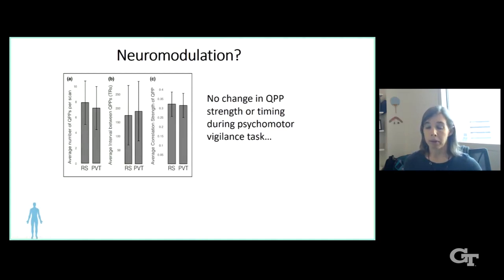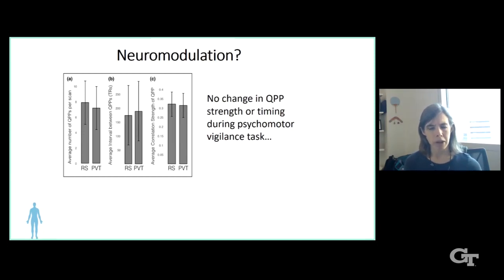So the next thing that we could do that was really simple is to look at whether these patterns, these QPPs, would change when we had somebody doing a task that made them pay attention, because we said that these neuromodulators are involved in arousal levels. So we looked at the same pattern when people were just resting or when they had to pay attention to a small dot that changed colors every so often and press a button as fast as they could when that happened.